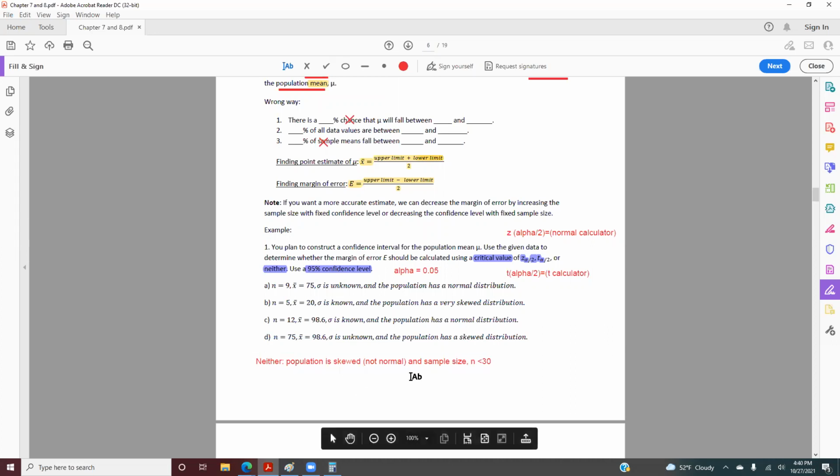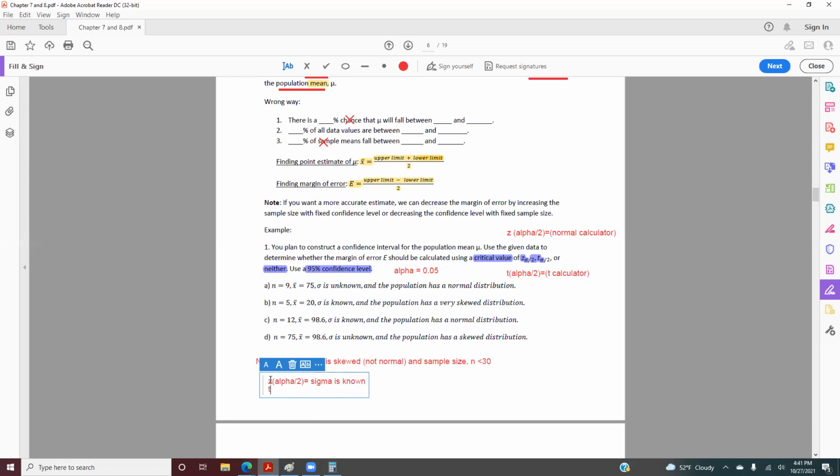Okay, so the word "and" in this case means you have to fulfill these two conditions. So when you read it, you say if your population is skewed, or in other words, not normal, and if your sample size is small, then it is neither. In order for you to use Z alpha over 2, sigma, the symbol that looks like a number 6, is known.